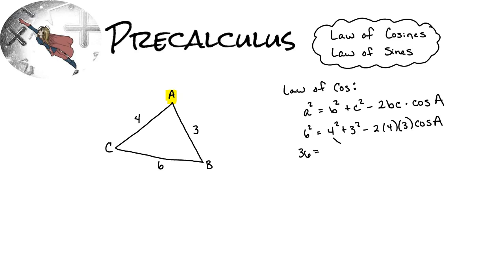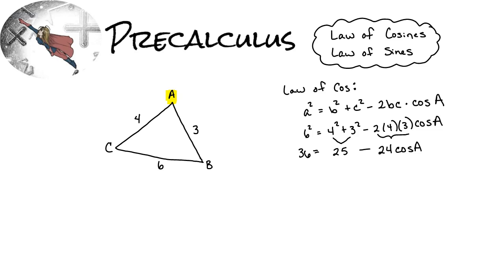And then that's 16 plus 9 right there, and that would be 25. And then this part right here, we have minus, that's 8 times 3, so 24 cosine of A. Now also, do not be tempted to subtract those two numbers and change it to 1 cosine of A. Do not do that. It's not true. It's not accurate to do that.